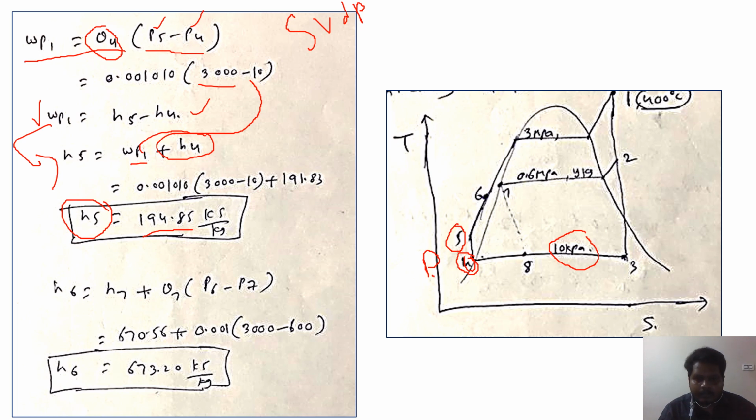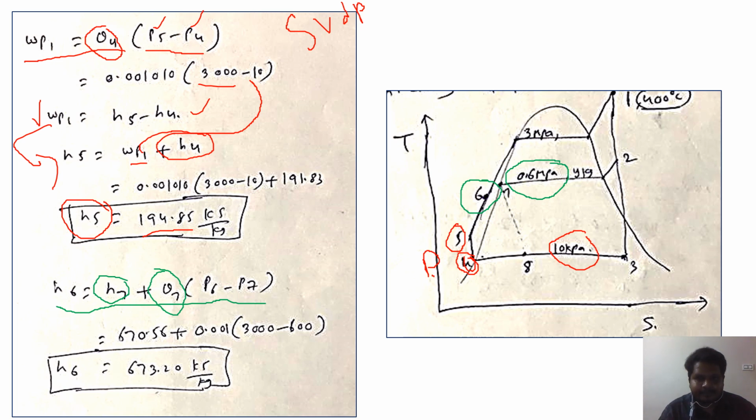Now we have to find the enthalpy at point 6. So this we can get from this equation. We can write h6 equals h7 plus v7 into P6 minus P7. Here h7 and v7 values we can get from steam table at 0.6 megapascal, because at point 7 the given pressure is 0.6 megapascal.